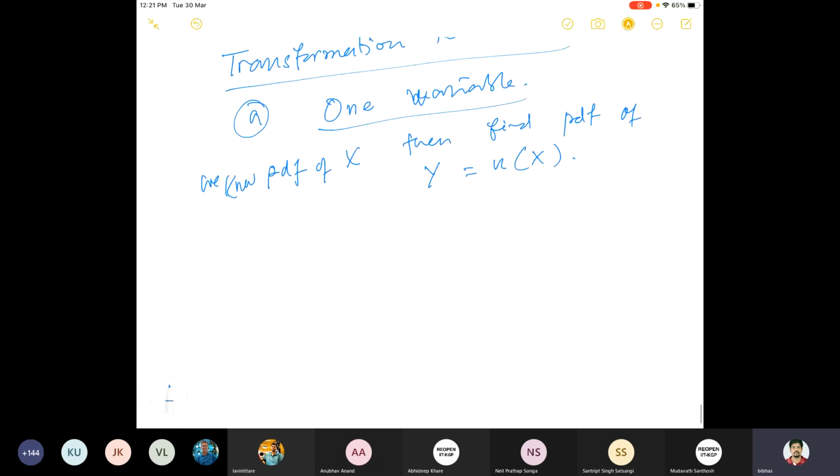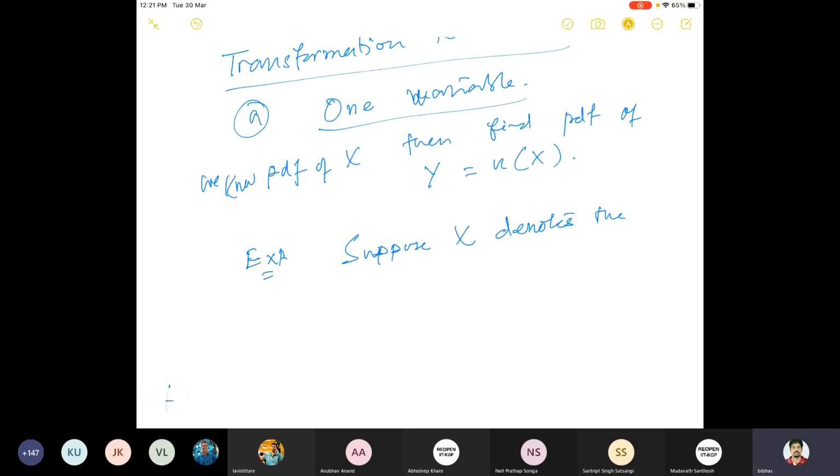This is when X is a discrete random variable. Let us see an example here. Suppose X is a random variable that denotes the number of heads in 4 tosses of a balanced coin.